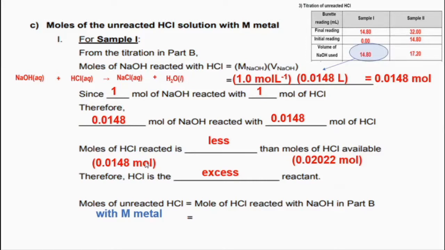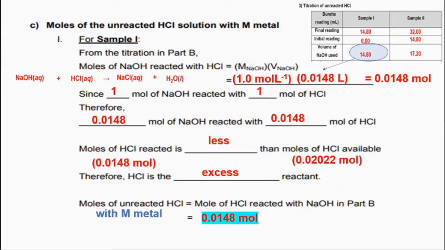Because moles of HCl reacted is less than moles of HCl available. So it means that at the end of the reaction, there would be remaining excess HCl still in the conical flask. So from here, what we can say is that moles of unreacted HCl with M metal is the same as moles of HCl reacted with sodium hydroxide in part B.